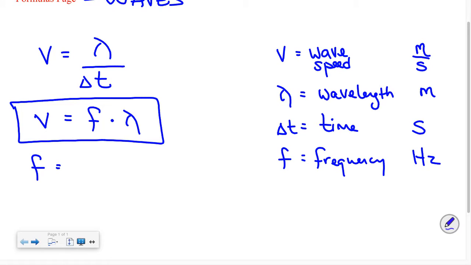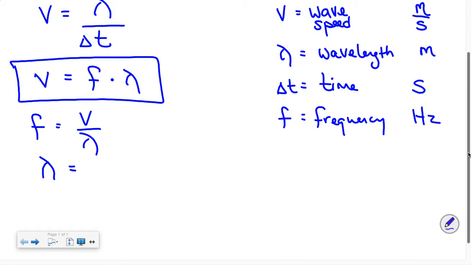So if I want to solve for frequency, I've got to send wavelength over to the other side, so it would be wave speed divided by wavelength. And if I wanted to solve for wavelength, I could do that. I would just have to send frequency over to the other side, and it would be wave speed divided by frequency.